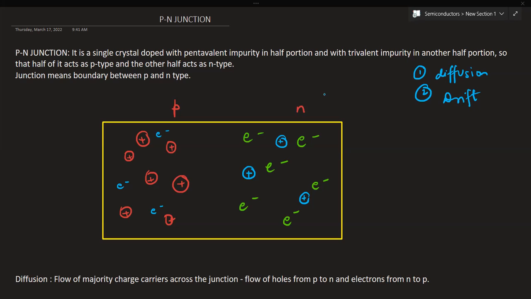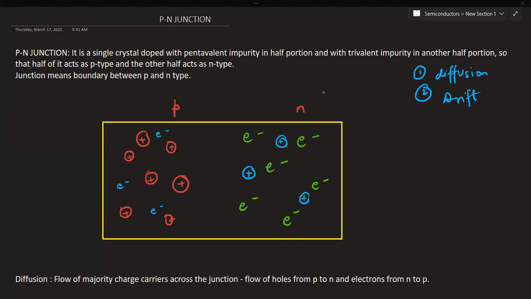No, not splitting basically. Diffusion is actually transfer of molecules through a gradient, mainly from higher concentration to lower concentration. So in case of this p-n junction, what happens? Due to the concentration gradient at this junction, holes are majority charge carriers in p-type, and minority charge carriers in n-type.